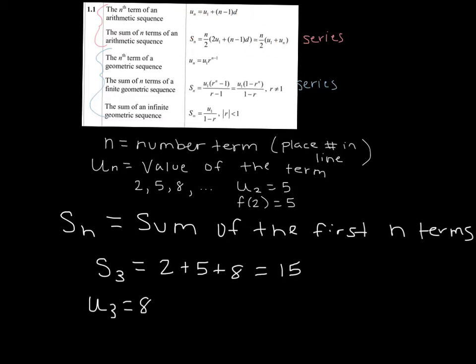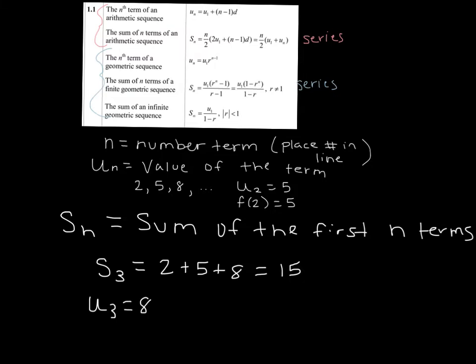D is the common difference. N is which term you're talking about. U sub n is the value. S sub n is the sum of the first n terms. Now, if you notice, you have the formula written out in two different ways. It doesn't matter which one you choose. It just sometimes one might be easier than the other.